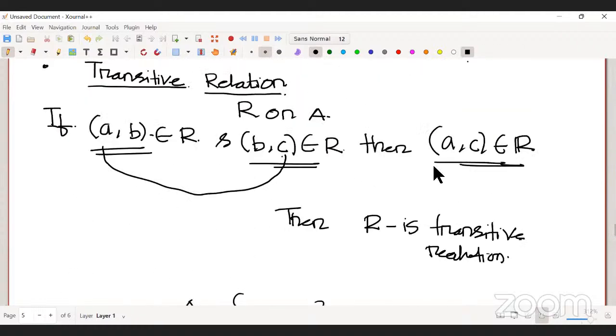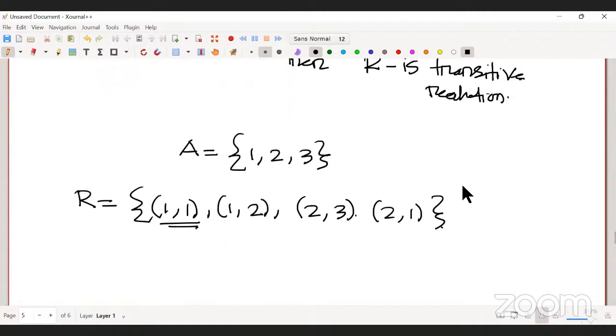So for a transitive relation, what do I need to check? If (A, B) is in R and (B, C) is in R, then I need to check whether (A, C) is in R. If this is true for all the possible pairs, then I can say that R is a transitive relation. For example, this is my (A, B) and this is my (B, C), because here the 1 and 1 are the same.